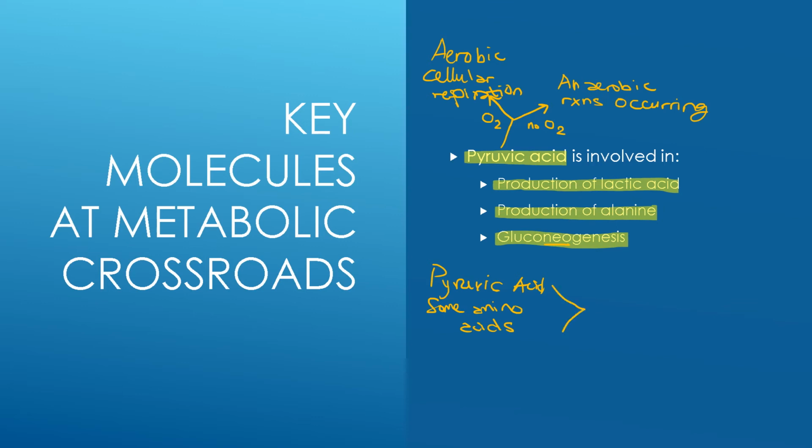Some of these can be converted into oxaloacetic acid. This is a Krebs cycle intermediate.